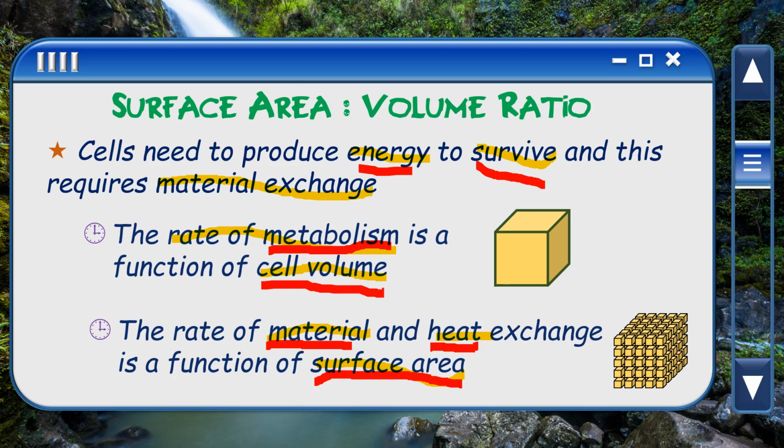And if it is to survive and to get this energy, there has to be exchange of materials. So how are we going to exchange the materials? We have to exchange materials in the cell and out of the cell. But that one is going to depend on the surface area. Therefore, the metabolism is the one that is going to give us this energy, and it is also going to depend on the size or the volume of the cell.